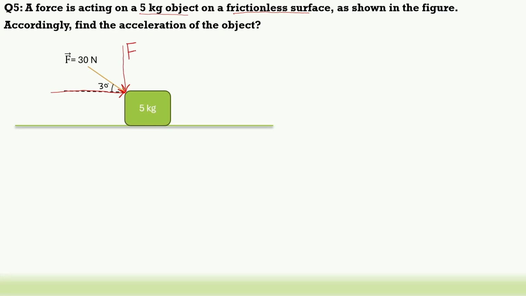This is Fy, the y component of the force. This is Fx, the x component of the force. Now, let's calculate Fx and Fy. Fx equals F times cosine 30 degrees, and Fy equals F times sine 30 degrees.